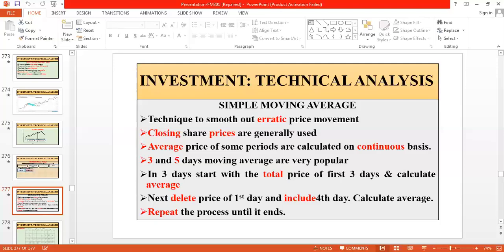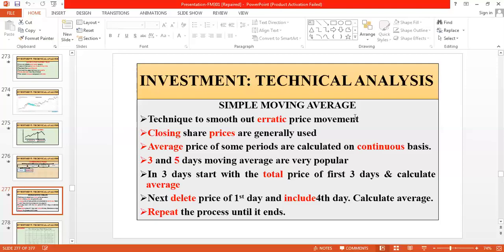Let us see what we have stated here. It is a technique to smooth out erratic price movement. Erratic price movement is unpredictable price movement which arises from some market sentiment which has no real explanation. So that portion of the price movement is automatically removed when moving average is taken.